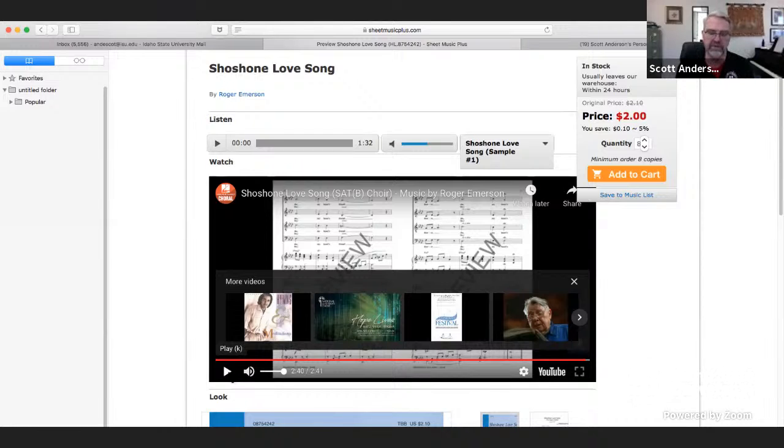Tessitura, as we've discussed, and as I think everybody understands the concept, differs from range in that it may be that a part only sings the lowest note once in an entire piece. That does not put that note in the tessitura, because tessitura refers to the majority of the time.